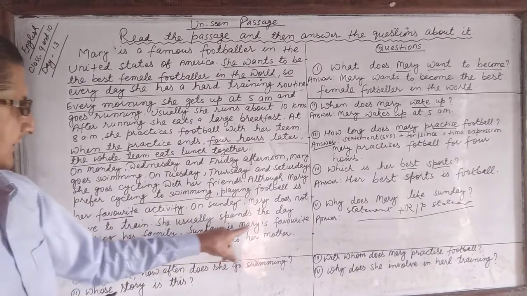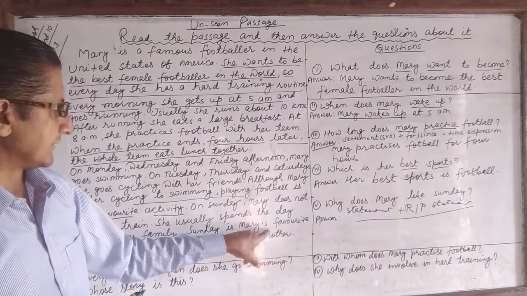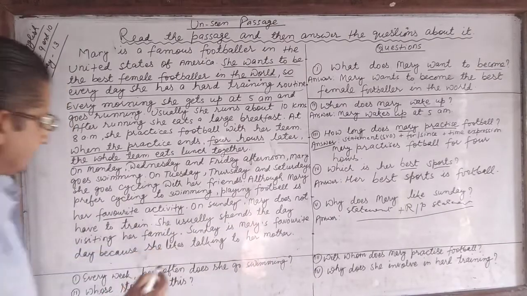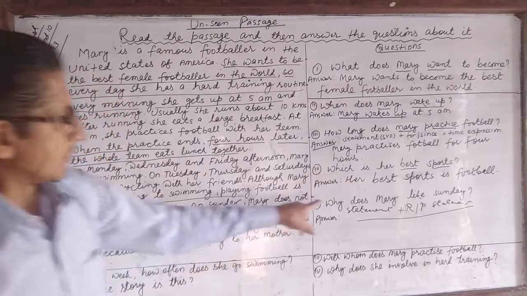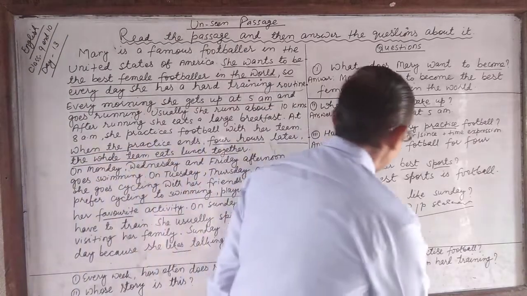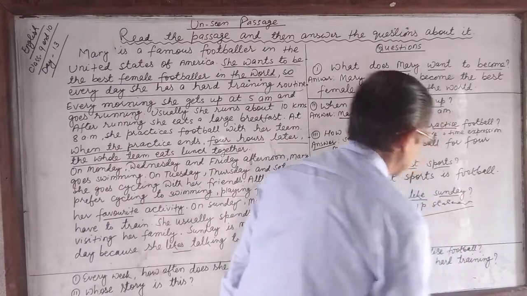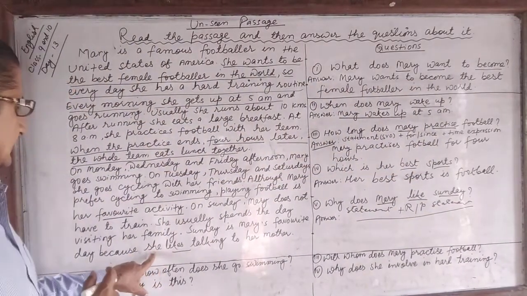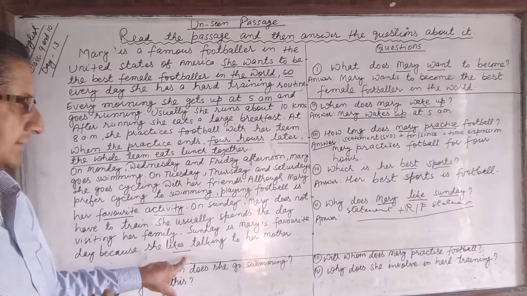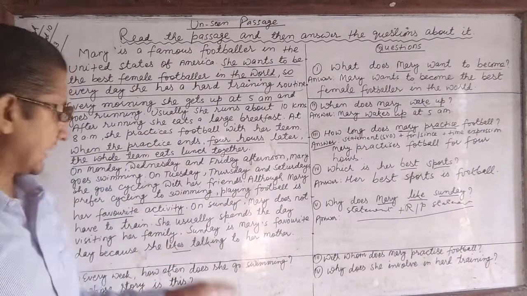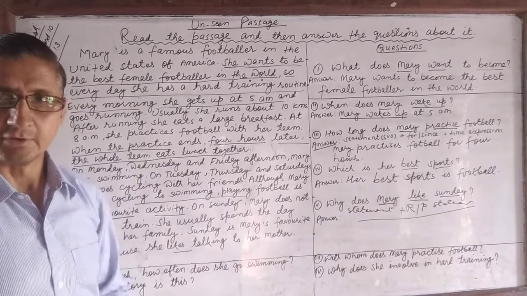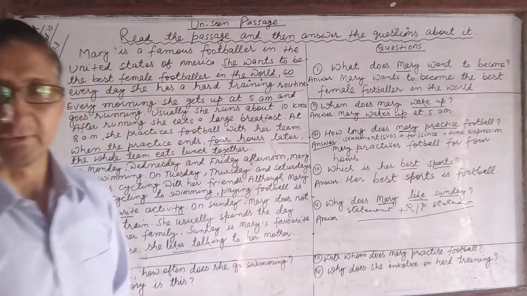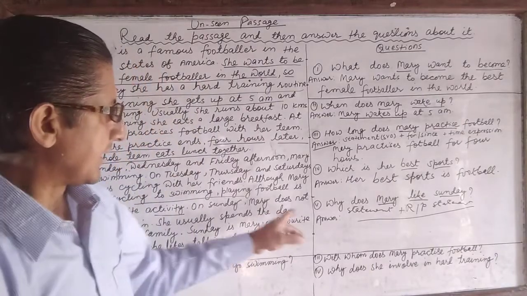Sunday is Mary's favorite day because she likes talking to her mother. Mary, like and Sunday are the keywords of the question, and she means Mary, like. These keywords are matching in this sentence. So we locate the answer in this sentence, and we write the answer.